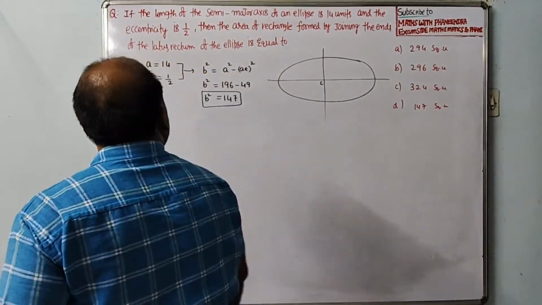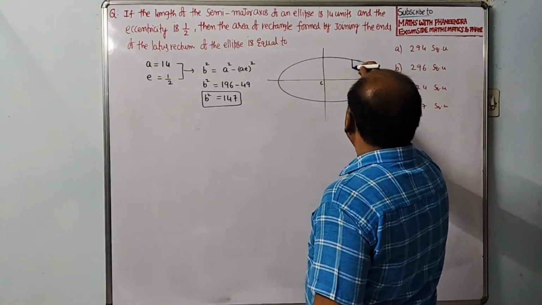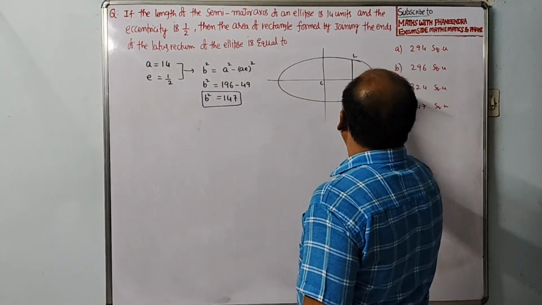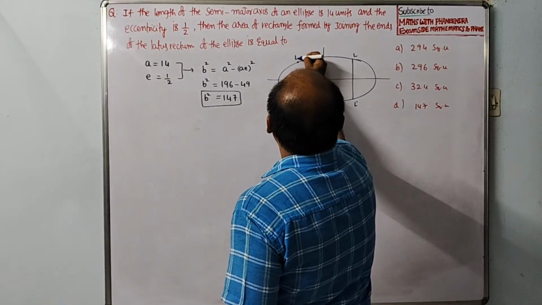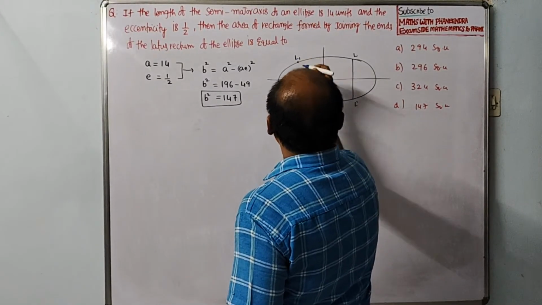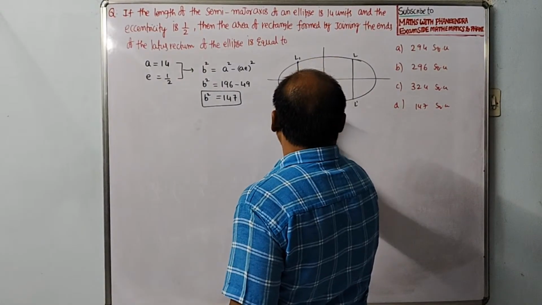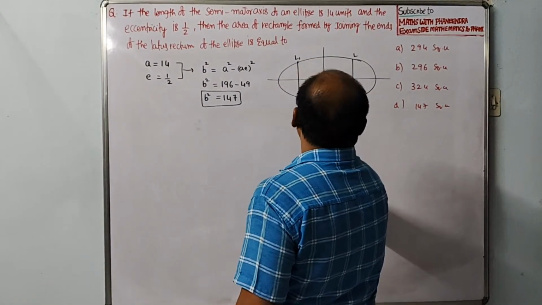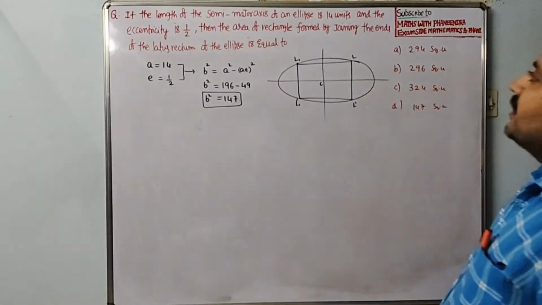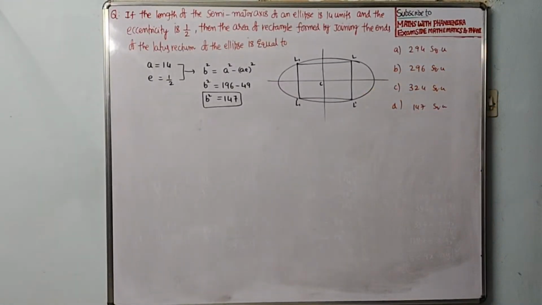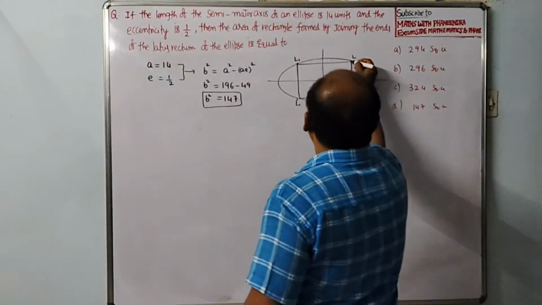So A and e values we got. See, the length of the latus rectum is this one only. This is L, L dash. This is L1, L1 dash. So if you join like this, you will get the rectangle formed by joining the ends of the latus rectum of the ellipse.